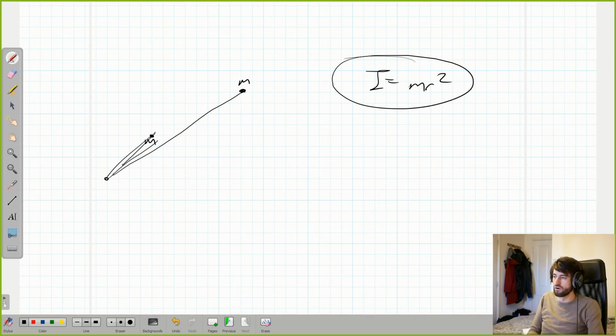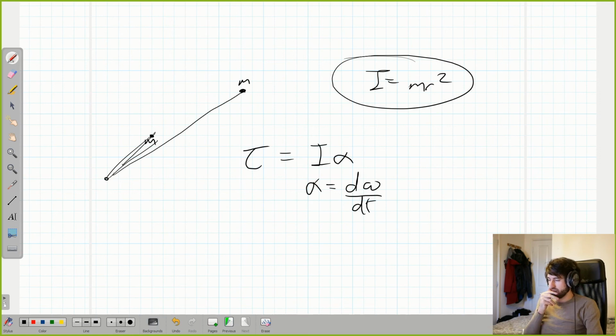So when you add a torque, your torque is I alpha, right? And alpha is d omega by dt. So what Unity will do is say, okay, torque is I alpha. It will calculate this itself. All of these are hidden variables that you can't touch.